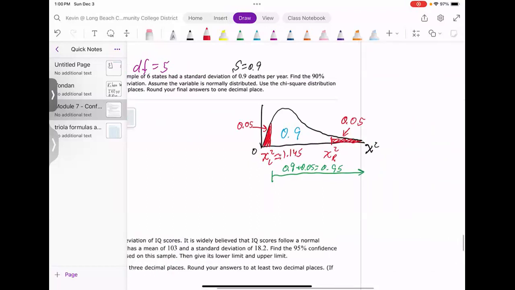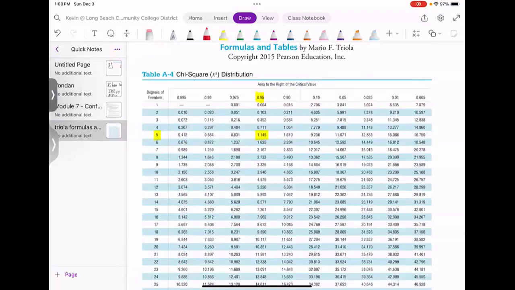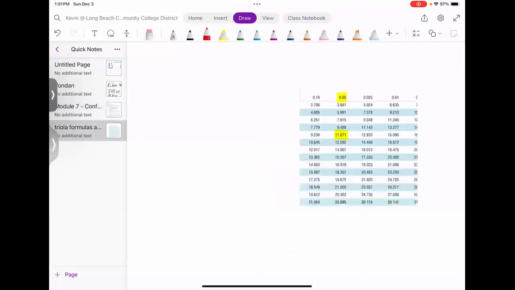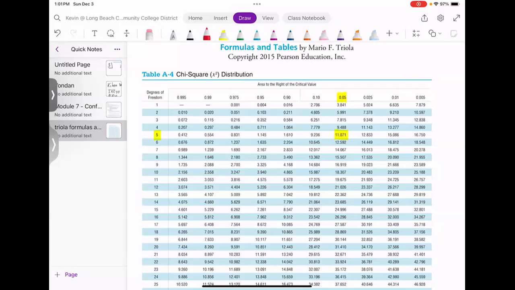And we will need that value here in just a moment. For the second one, the area to the right is the 0.05. 0.05 is right here, and that collides right there, 11.071. Double check that. 71, okay.